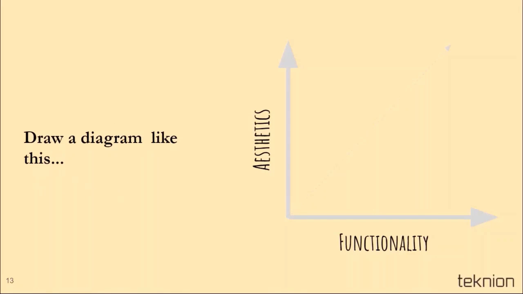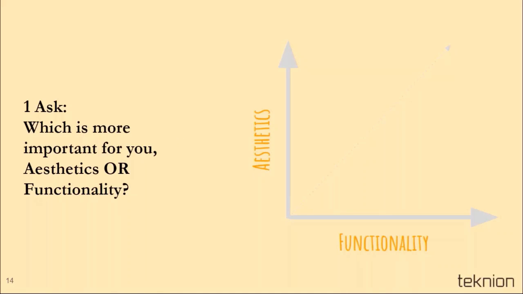So using your iPad, Zone's easel, or a nearby napkin, draw this simple diagram. Draw two axes. At the bottom, write functionality. On the side, write aesthetics. Then you ask your customer, what is more important for you? Is it the aesthetics or functionality?